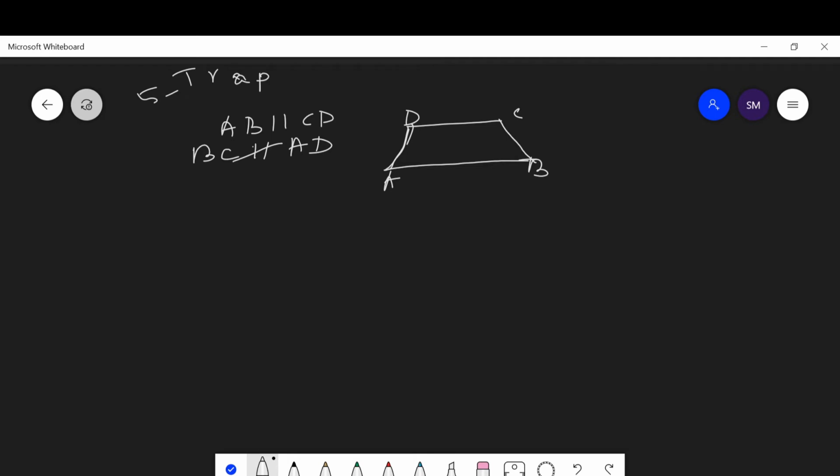The types of trapezium: isosceles trapezium. Isosceles trapezium is the type of trapezium in which non-parallel sides are of same measure.